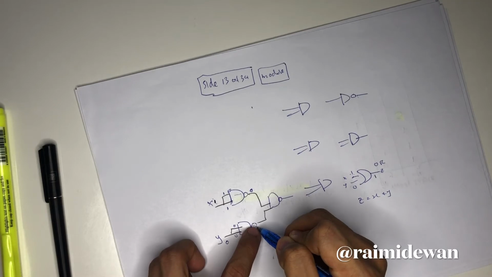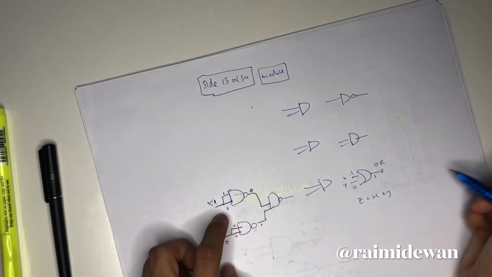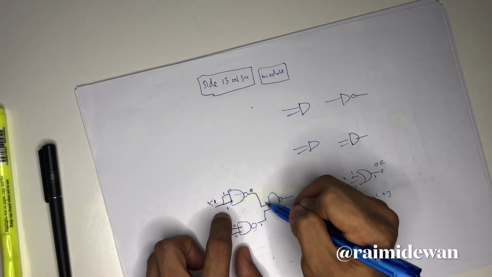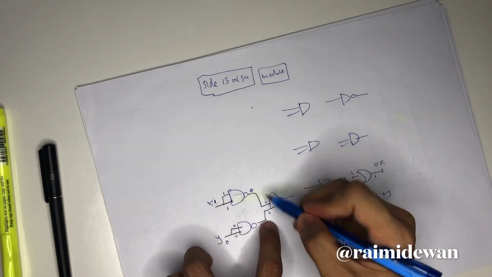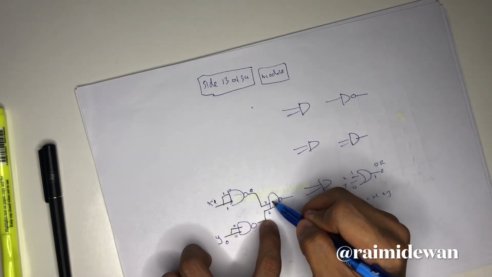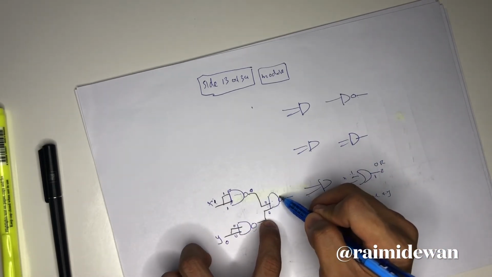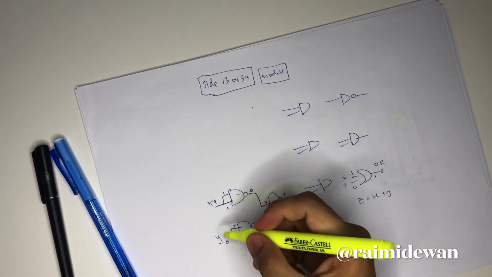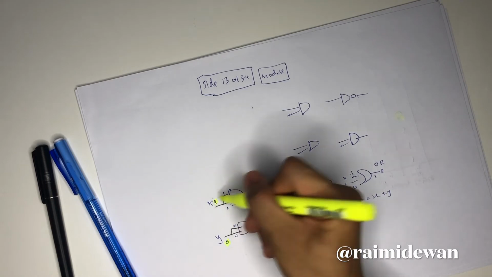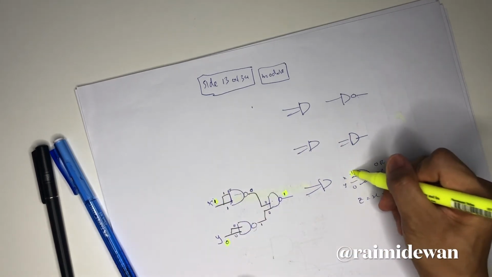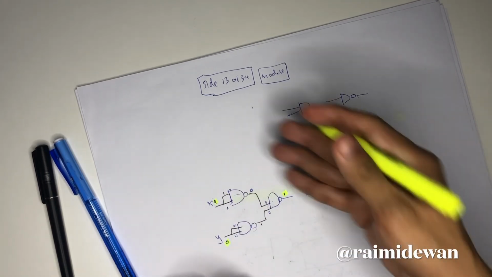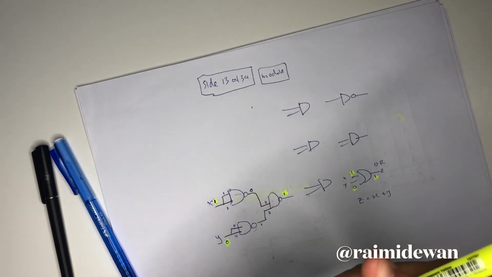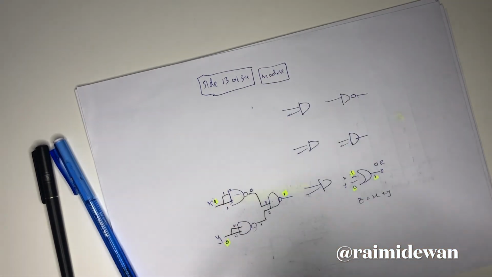However, when you invert, you will have 1. Then you carry on to here, 0 times 0, you get 0. However, then you invert it, then you have 1. So you can see the input is the same and the output is also the same. You can try the other combinations, test yourself.